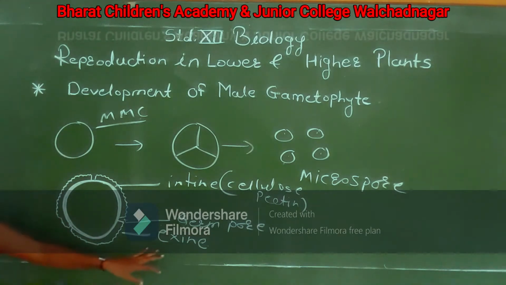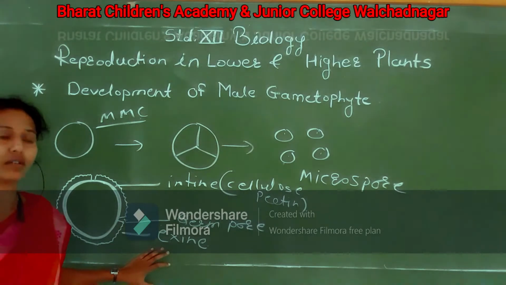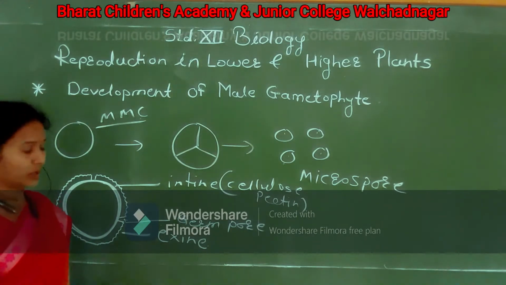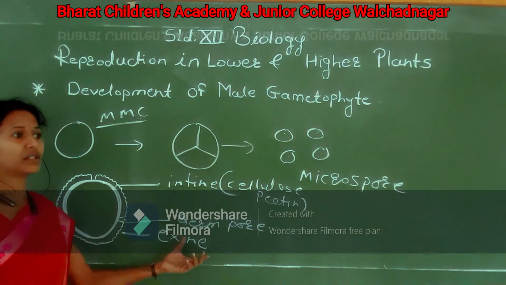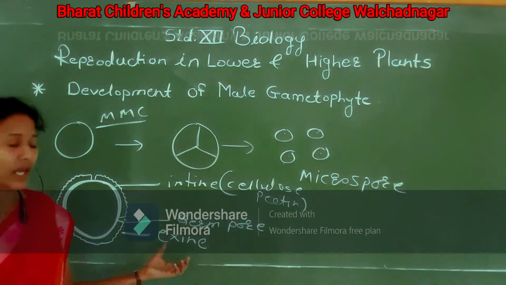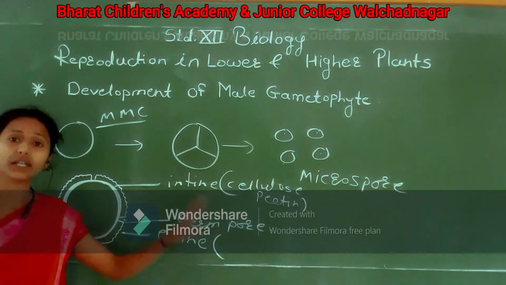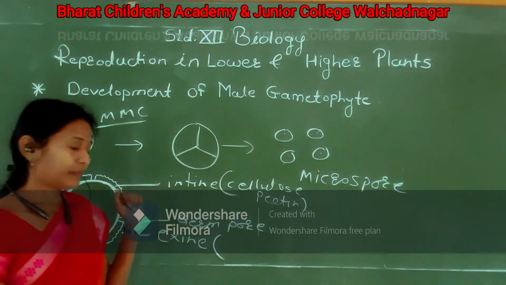Exine is made up of one of the most resistant organic substances, called sporopollenin. Sporopollenin is rich in nutrients, and it is secreted by the tapetum. We discussed that.